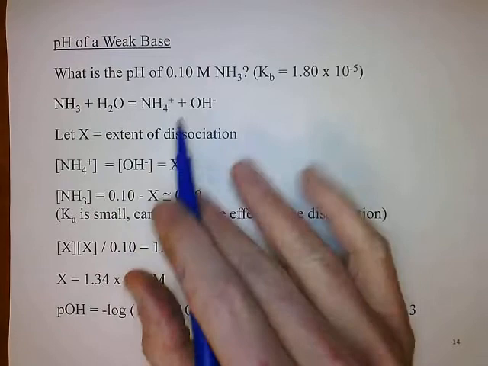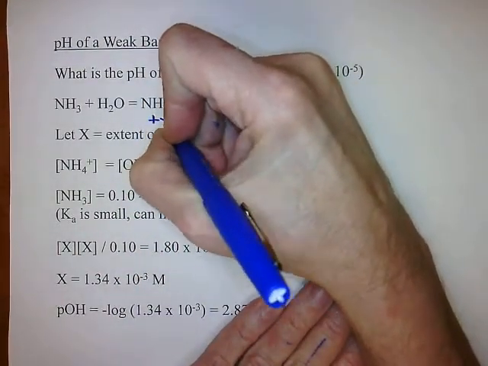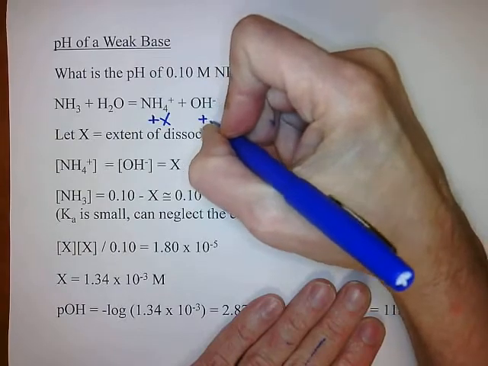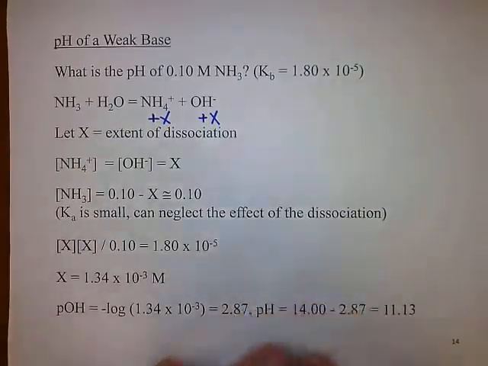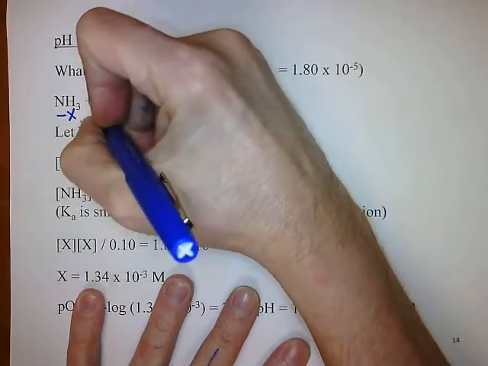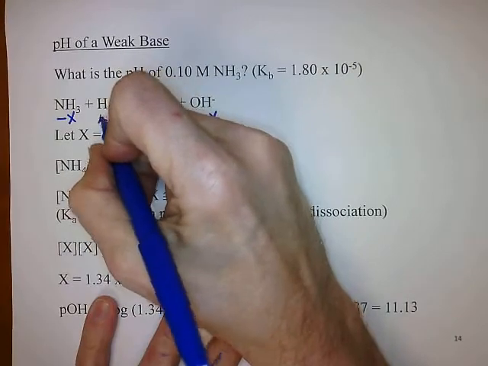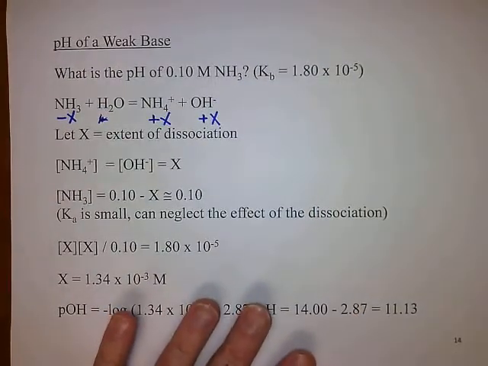The reaction is going to shift to the right. These will go up by X. And these will go down, or I'm sorry, not the water, but the ammonia will go down by X.